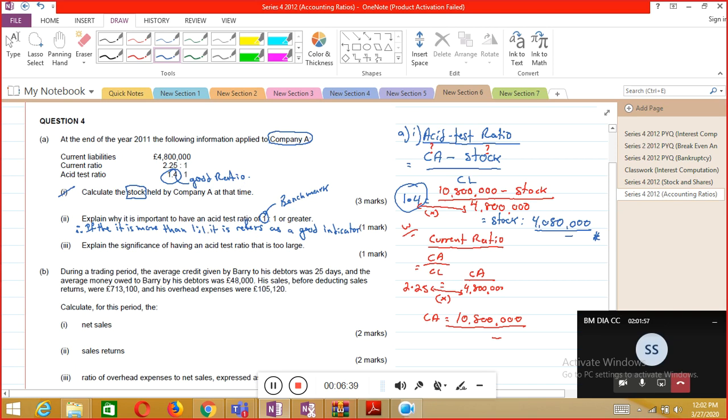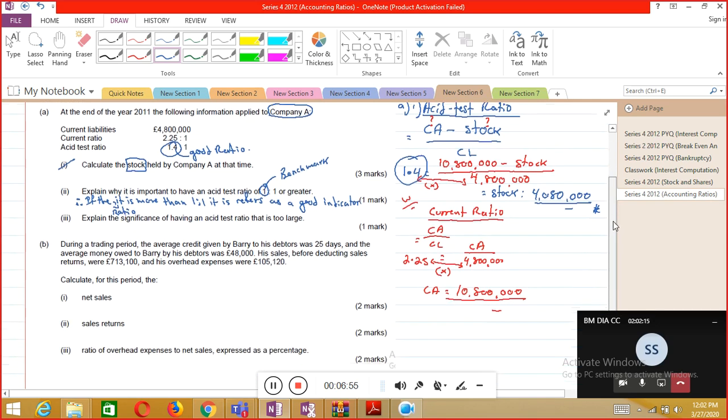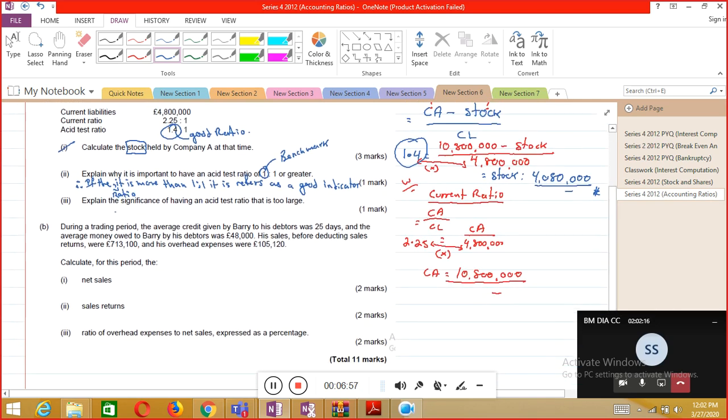This is an important benchmark. Sorry, I misspoke: the ratio should be more than 1 to 1. Now explain the significance of having an acid test ratio that is too large.